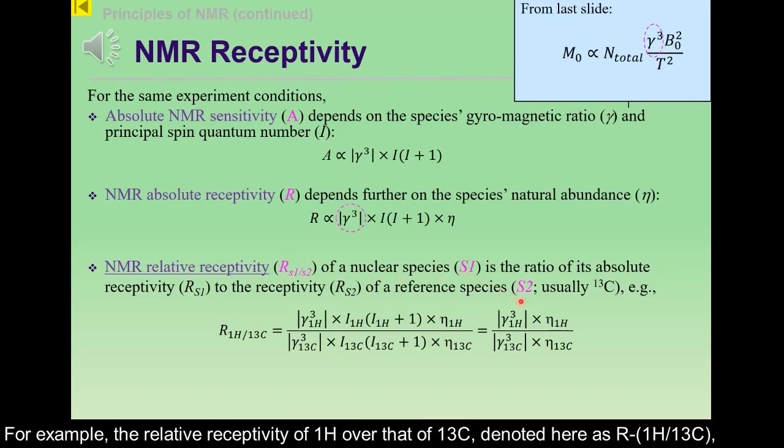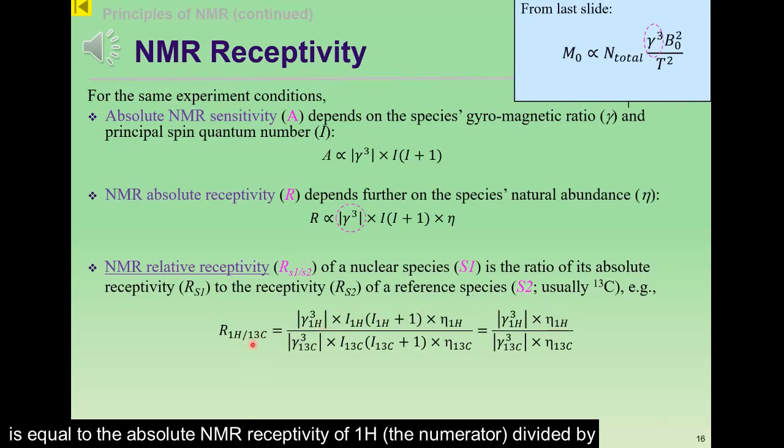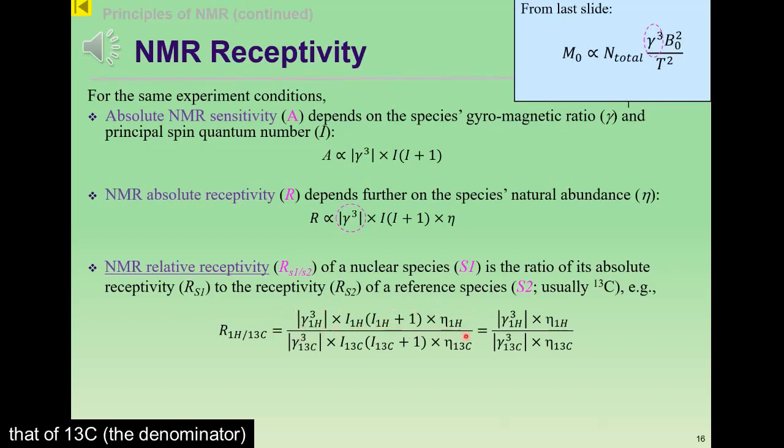For example, the relative receptivity of 1H over that of 13C, denoted here as R 1H over 13C, is equal to the absolute NMR receptivity of 1H, the numerator, divided by that of 13C, the denominator.